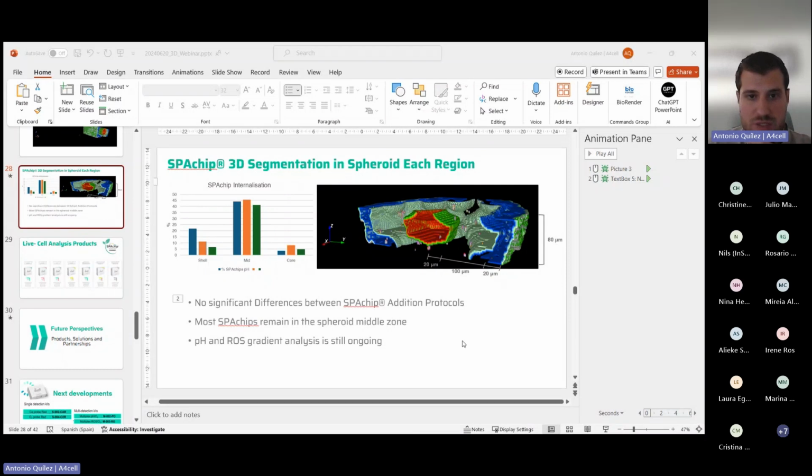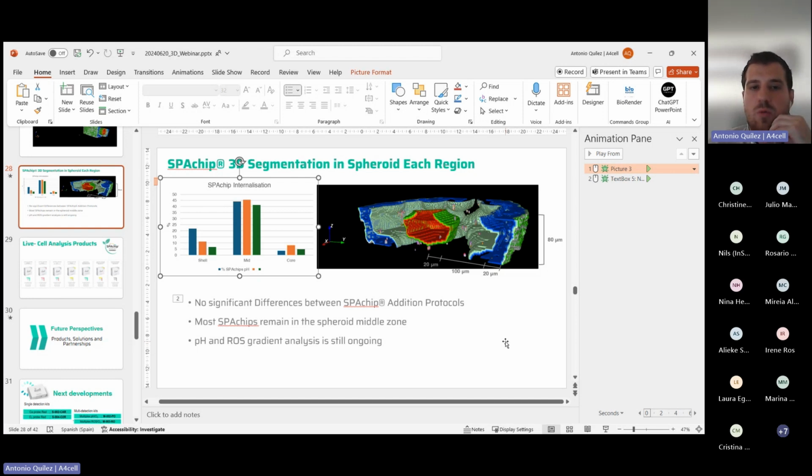So here in this image, what we see is that they are present in all the areas that we have defined. In the core, there are fewer of them, but it's also because of the size percentage that they represent compared to the total mass. It's way lower. But if we normalize the data compared to the total size or the diameter, we get quite a homogeneous distribution.